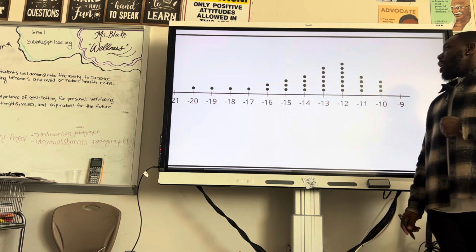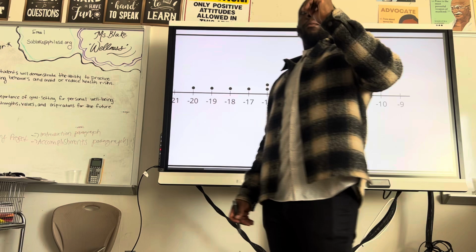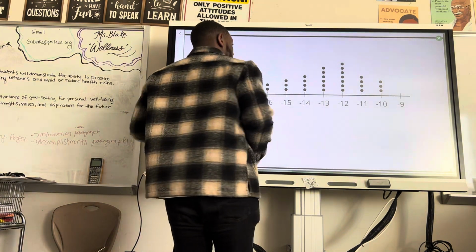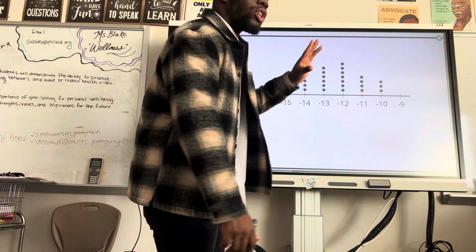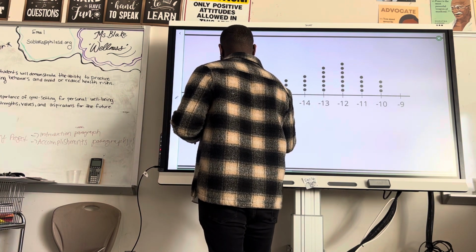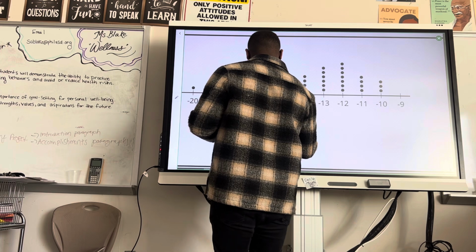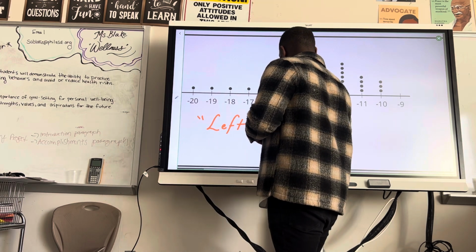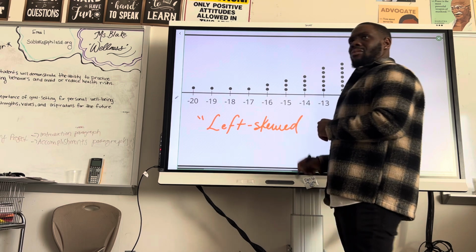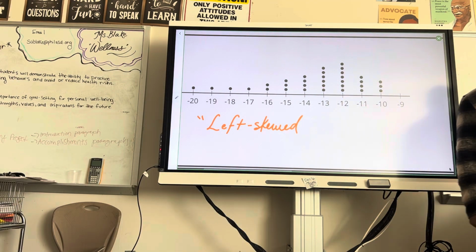Now, I want y'all to put a note under them, because I know a lot of y'all did already. We start off with the words. We say left skew, or it might be what? Not left skew, but right skew. So this one is left skew. And we're gonna ask ourselves, is this symmetrical? No. We talked about it earlier.